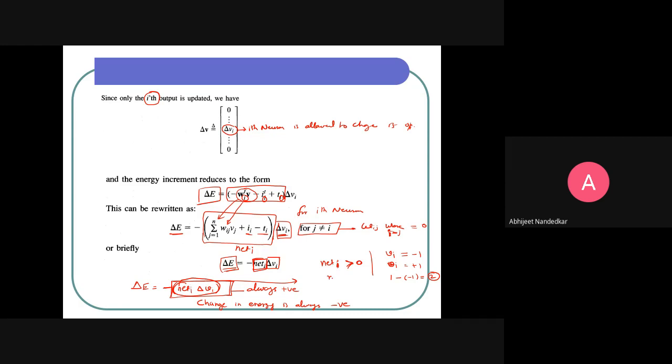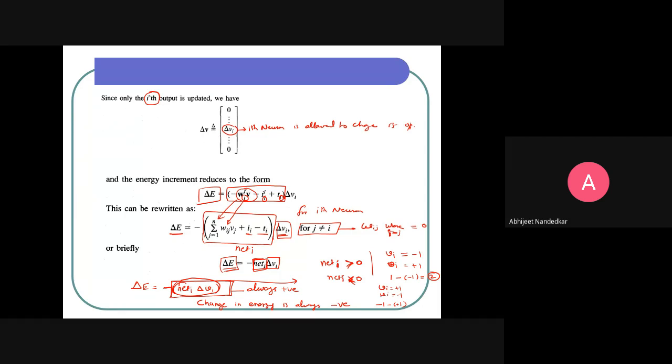Now suppose net I was less than 0, and your output was positive, say Vi was positive, then Vi will become negative. Then -1 minus of +1.